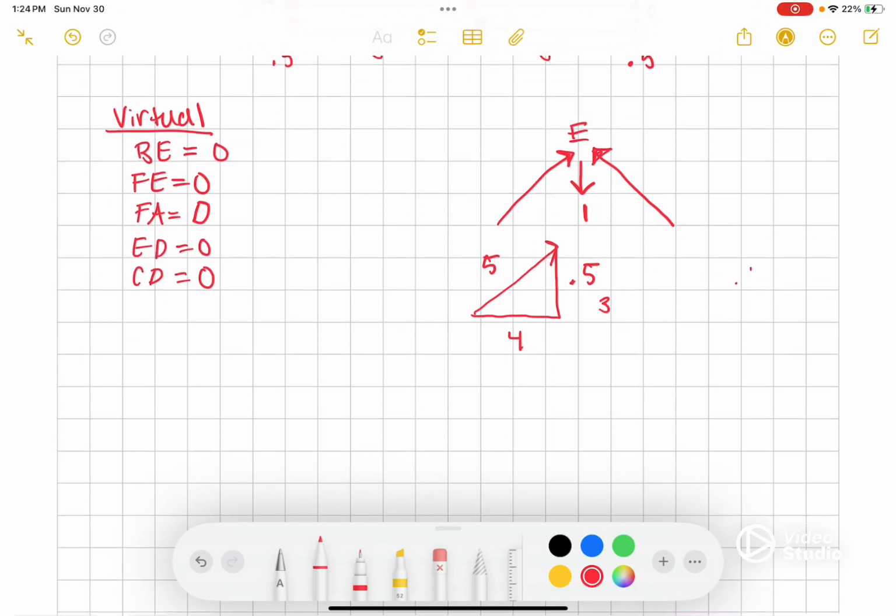So if we have 0.5 divided by 3 times 4, that will give us our horizontal, right? So let's do the math. 0.5 divided by 3 times 4 is going to give us 0.66 horizontal, and times 5, 0.5 divided by 3 times 5 is going to give us our hypotenuse, which is going to be 0.83.